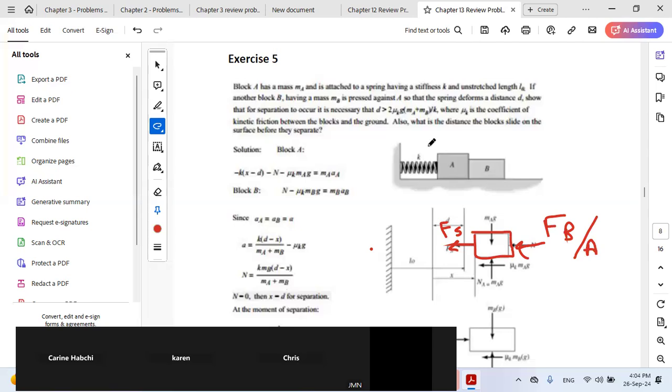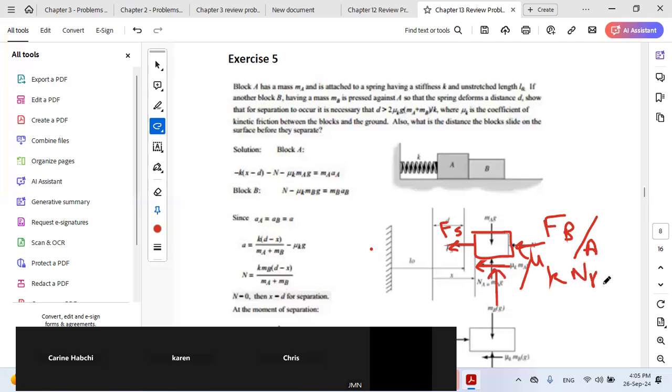Since you have slipping, you have kinetic friction. And how do you find your kinetic friction? Your kinetic friction is mu k times what? Times the normal between the ground and the block. So mu k and A.